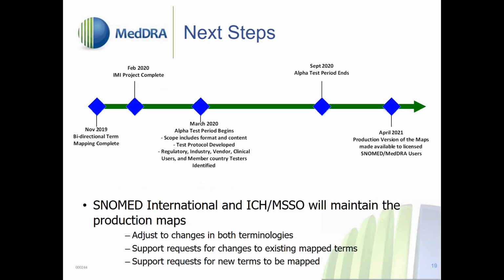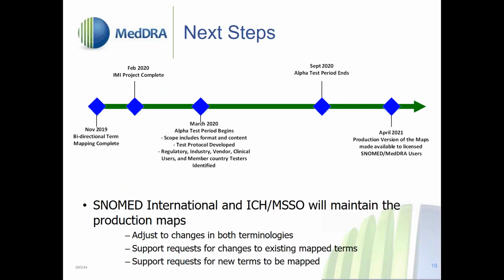Now, just to show you where we are as far as a timeline with this project, currently we are in the alpha test period phase, and we're engaging users from both terminologies, such as regulators, industry, electronic health record vendors, and clinical users, to help us with this alpha testing.